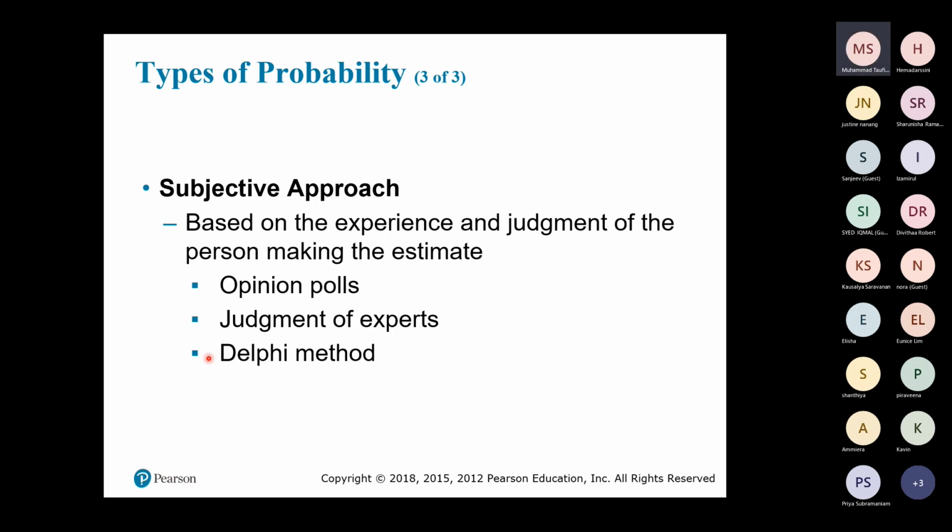So that is another way to set the value of probability, by using your own judgment or based on others' judgment. This one we call the subjective approach. It's very subjective, based on your experience or on people's opinion.